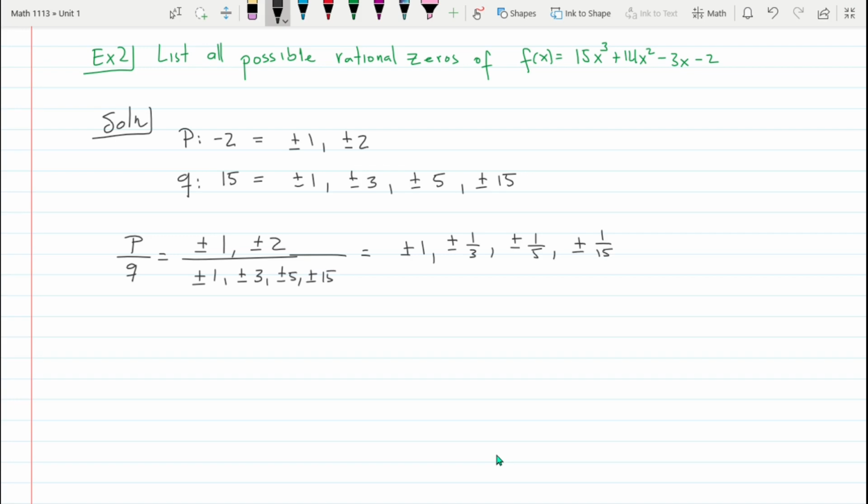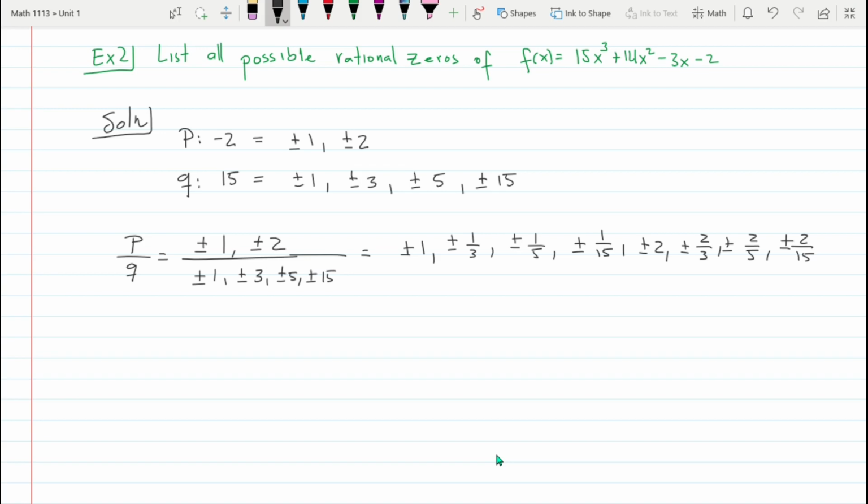okay, and then plus or minus 2, plus or minus 2/3, plus or minus 2/5, and then plus or minus 2/15. So we have 1, 2, 3, 4, 5, 6, 7, 8 different possible rational zeros.